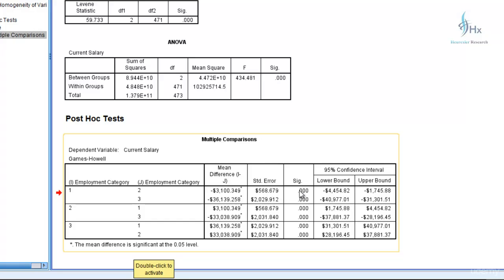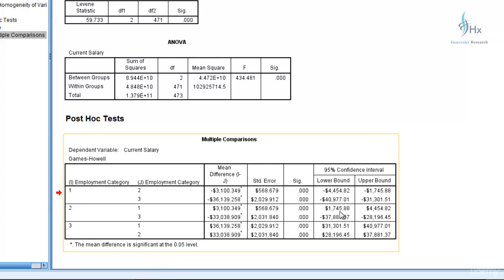At the same time, have a look at the lower bound and upper bound limits, and as I said, wherever we get a 0 value in the confidence interval, our conclusion is not reliable. So we can see that the lower bound and upper bound confidence intervals are both either positive or both negative, so they don't contain 0. So we are okay with the confidence interval.